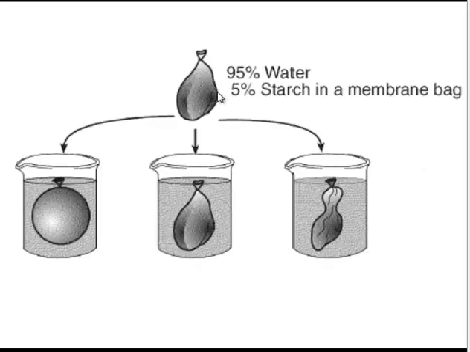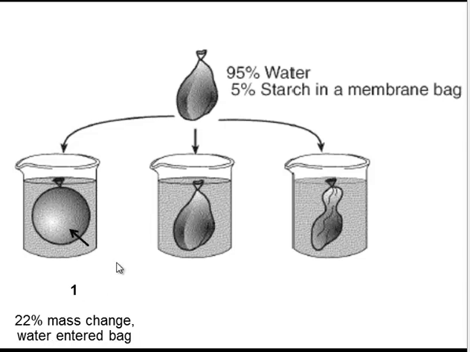So if we were to take a bag filled with water and a little bit of starch, and if this bag simulated a cell, we could put it in different solutions and different things would happen. For example, putting this bag in solution 1 causes the mass of the bag to increase by 22%. That happened because water entered the bag.